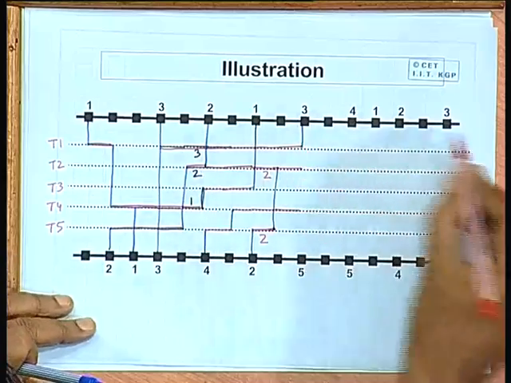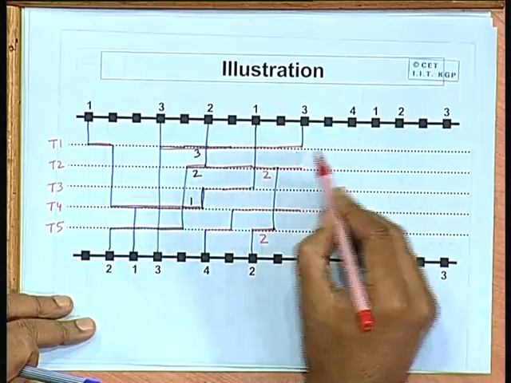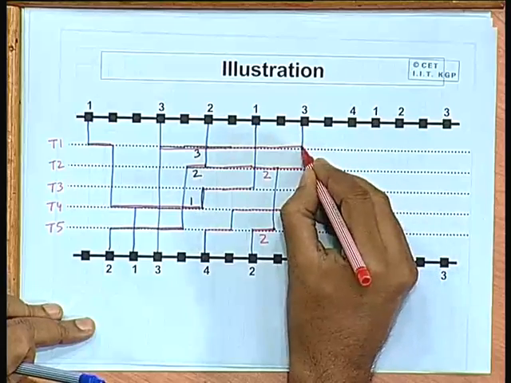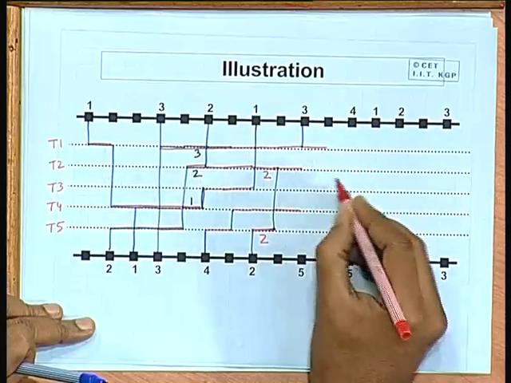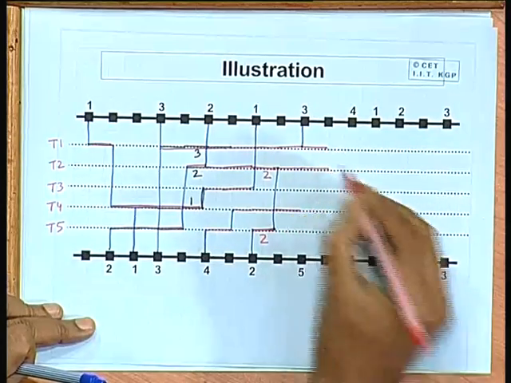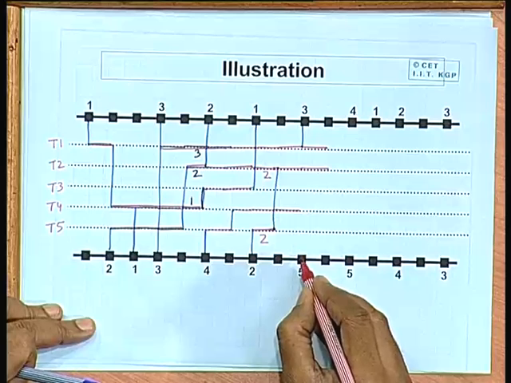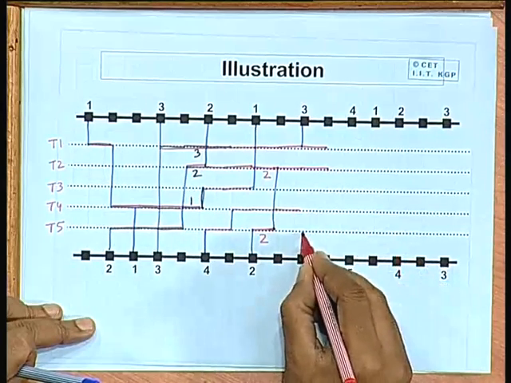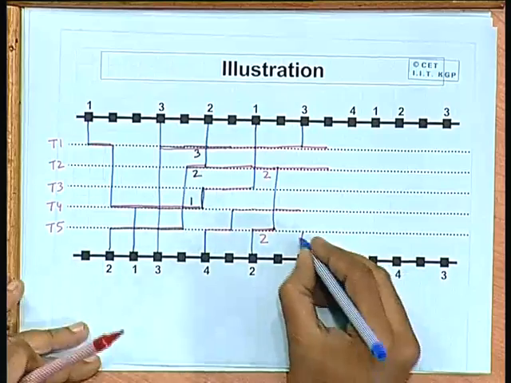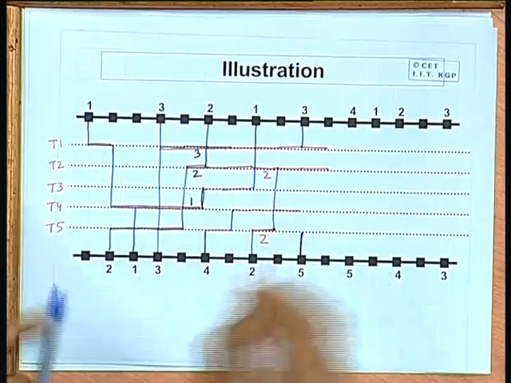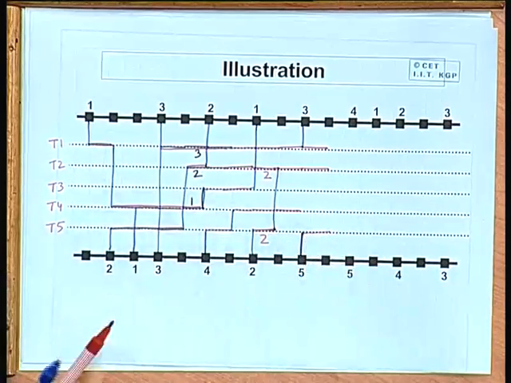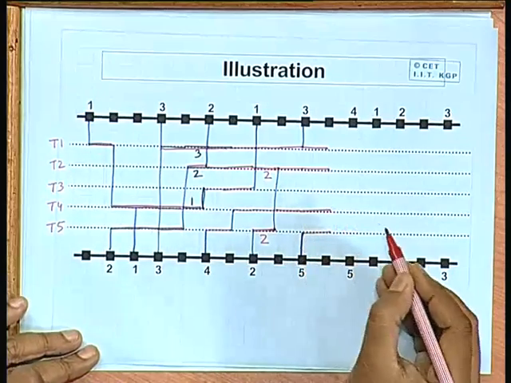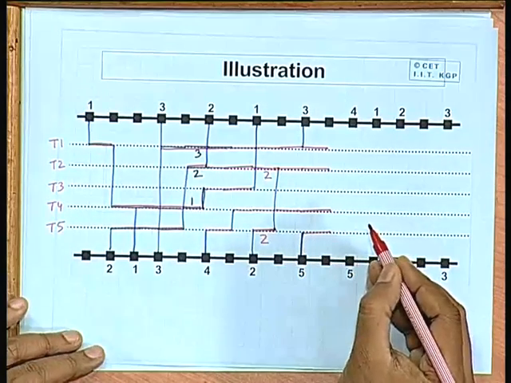So, 3, the next terminal of 3 is both on top and bottom, does not matter, you just let it continue. 2 also it is on top, so let 2 continue. So, now a new net of 5 starts, 4 also, 4 it is on the bottom, 5 will continue, and this 4 will also continue. 4 will go up.